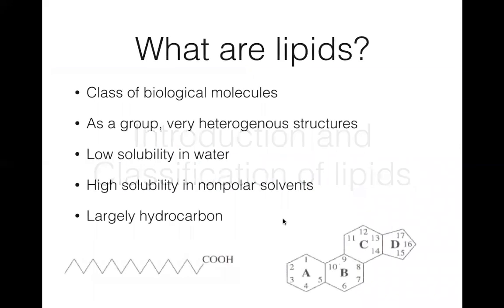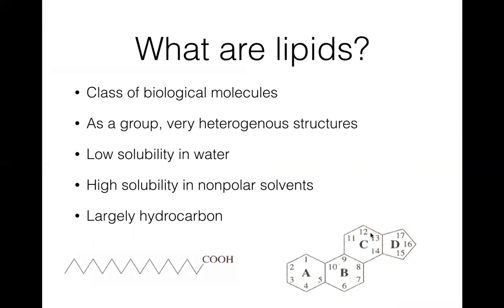So let's now start with an introduction and classification of lipids. Now, lipids are a class of biological molecules. As a group, they have very heterogeneous structures, like what you see here. Some are linear, and then there are lipids which contain rings.